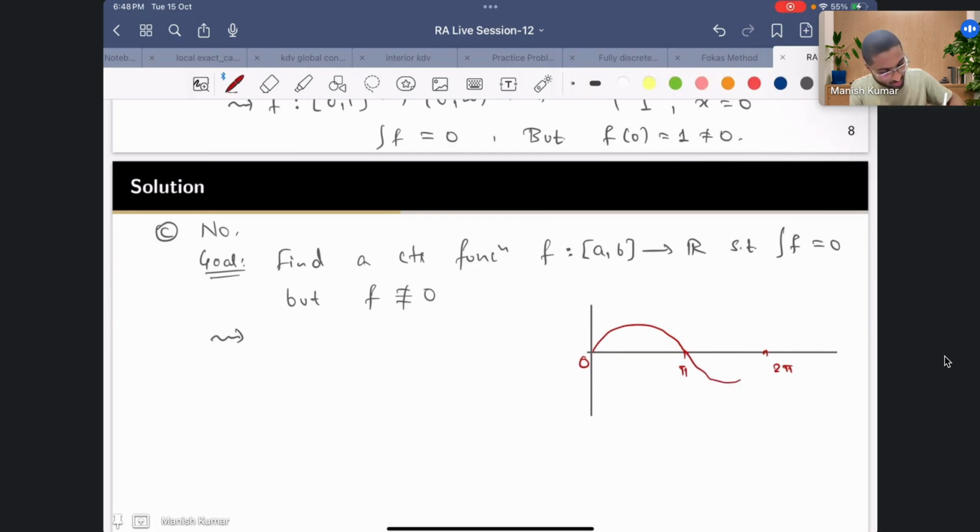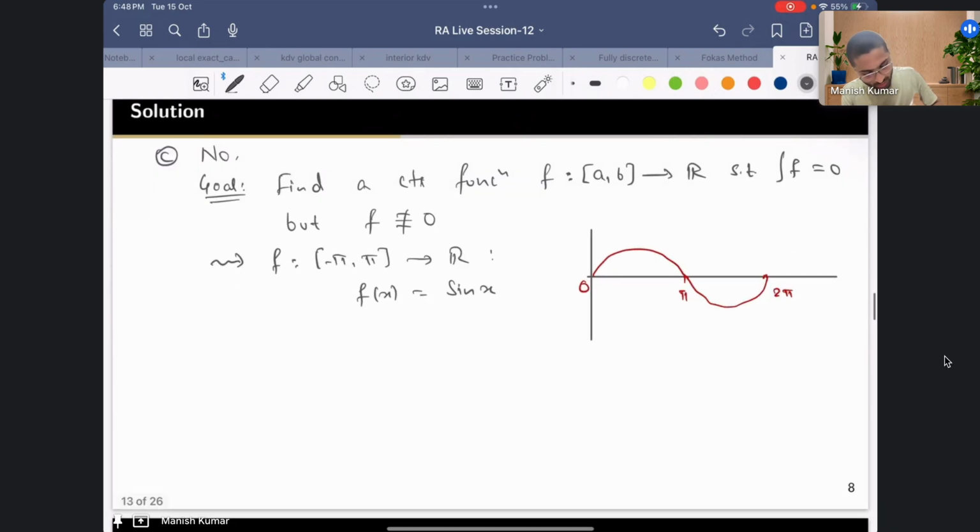What about this function? This function is continuous, right? So I am writing this f is from minus pi to pi to R. F of x is equal to sine of x. Now if you integrate this function f from minus pi to pi, here it is taking the positive value.